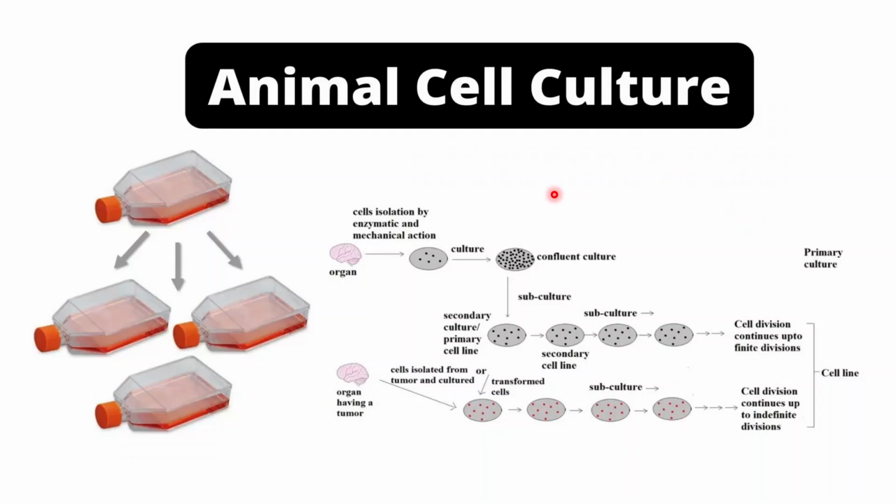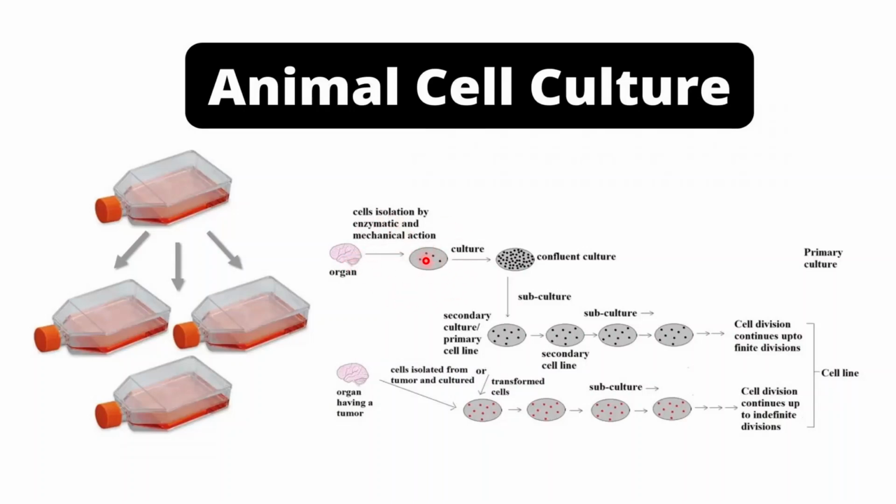When we are isolating cells directly out of an organ and culturing them in a plate, that is, when we take a portion of tissue out of an organ, disaggregate the cells, make a single cell suspension and culture it in an artificial environment outside the body in a culture plate, this stage of cell culture is called primary culture.